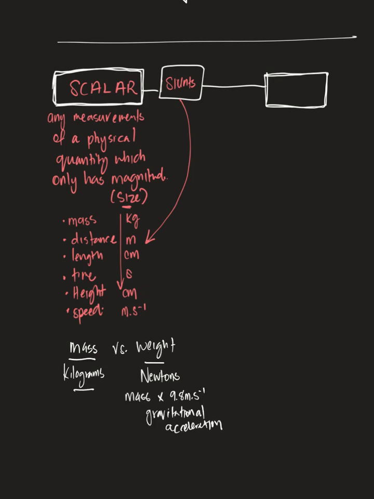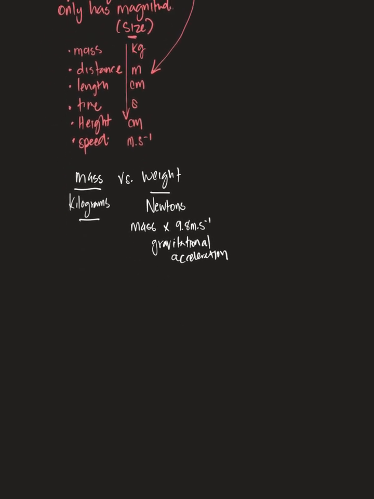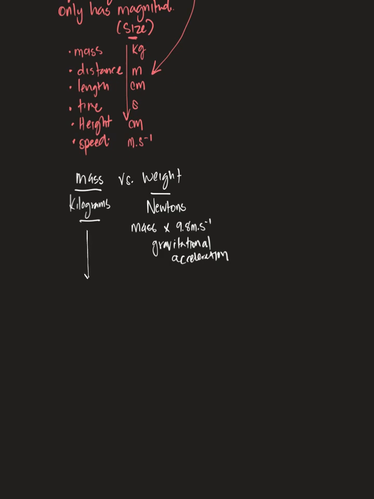People will often say to you, what's your weight? But that's the wrong question, because look here. Let's say I get onto the scale and I weigh 65 kilograms. Then someone asks me for my weight. My weight is actually 65 kilograms multiplied by 9.8. And what's 65 multiplied by 9.8? It's 637 newtons. That's my weight. This is my mass.